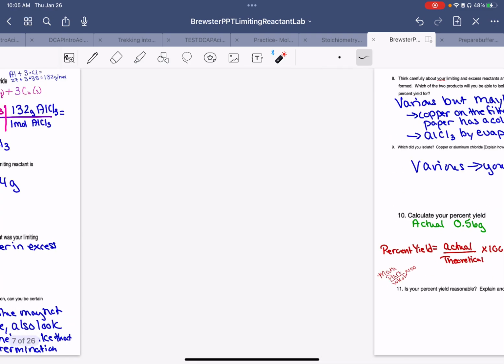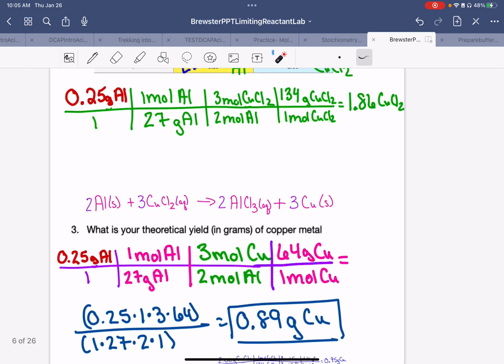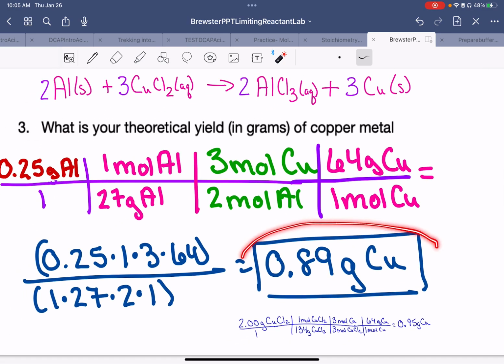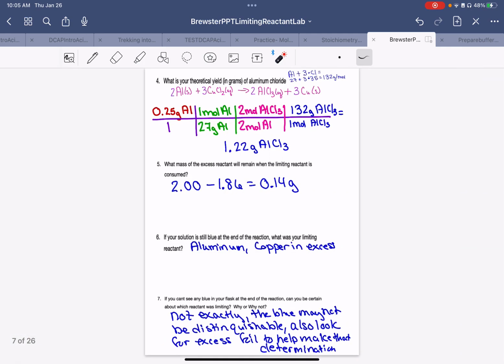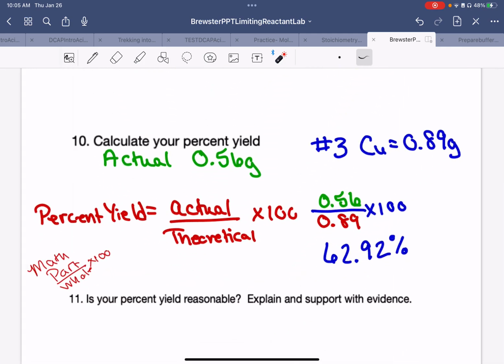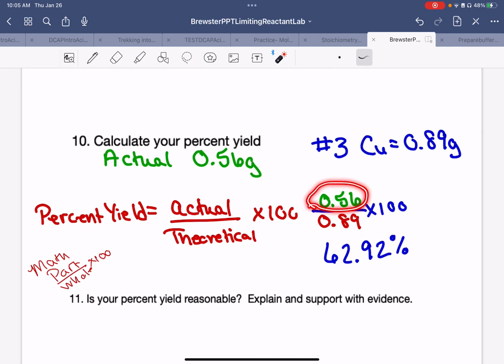If I go back to question number 3, I calculated that I would, by this reaction, produce in theory 0.89 grams. So I'm simply going to take the actual that I weighed on the filter paper minus the filter paper, 0.56, divided by 0.89 times 100, and that equals approximately 62.92%.